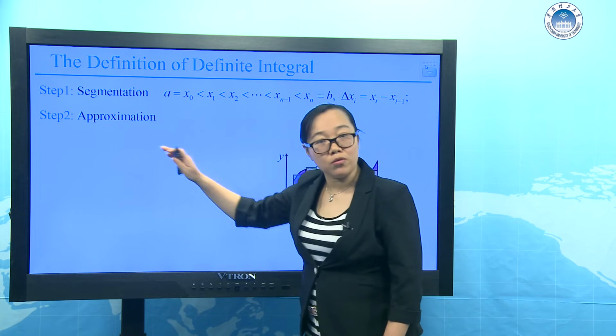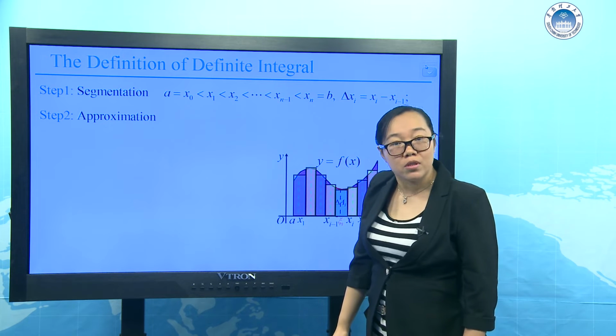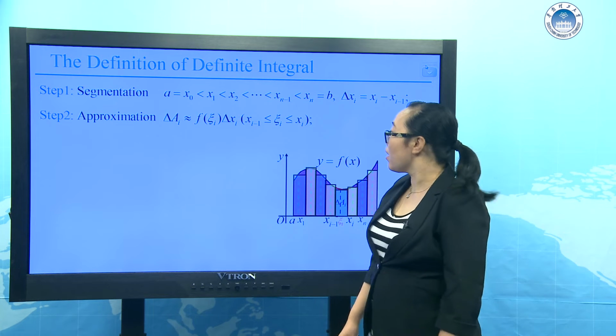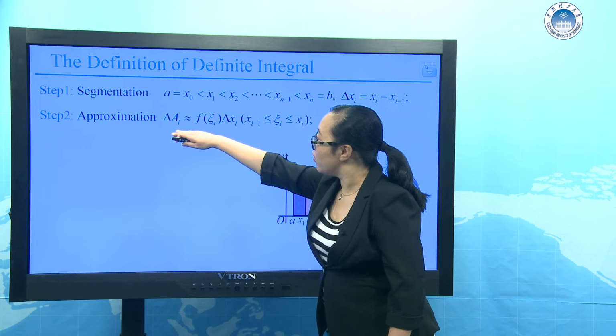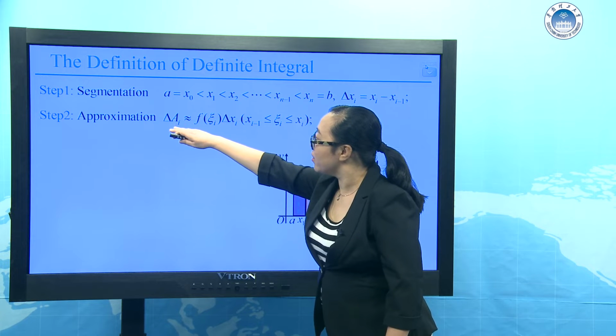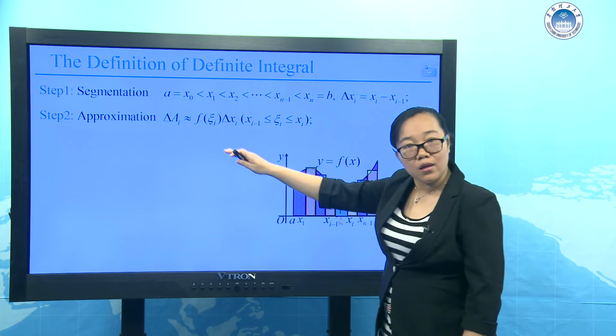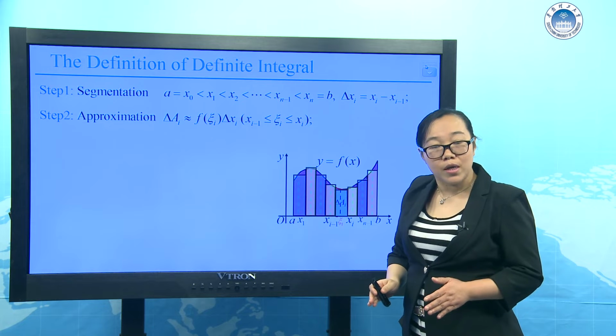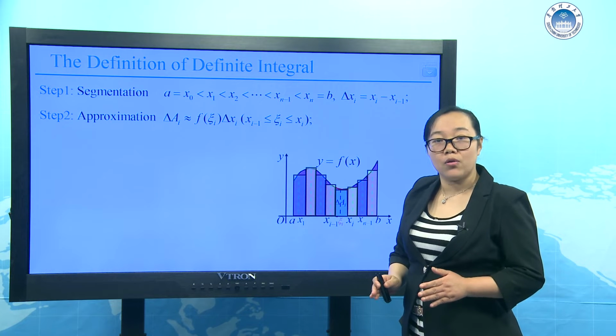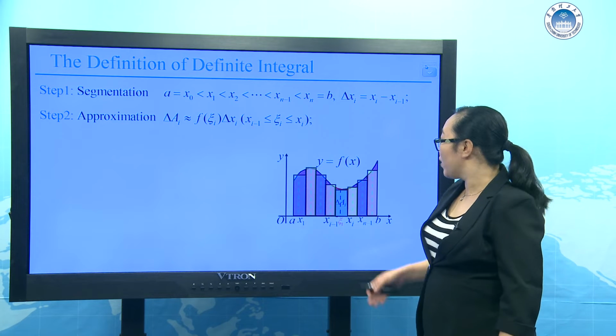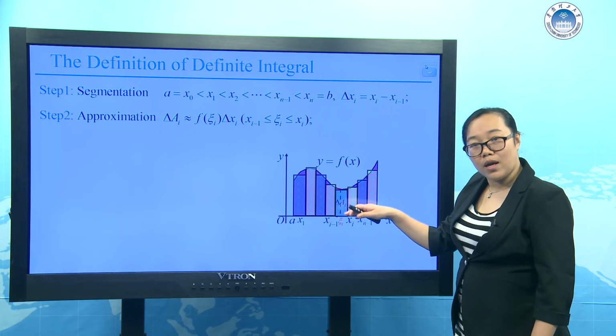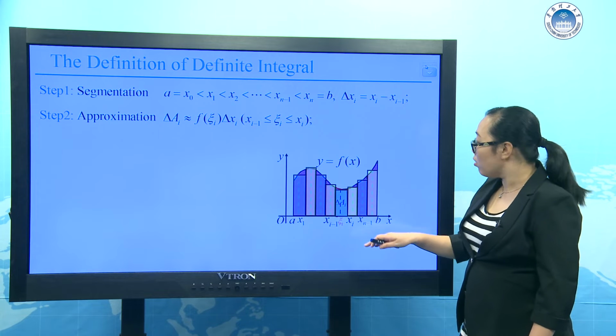Step 2, how to do? The approximation. At this time, the area of the small piece delta Ai is approximate to the area of the rectangle. Look at this classical rectangle.